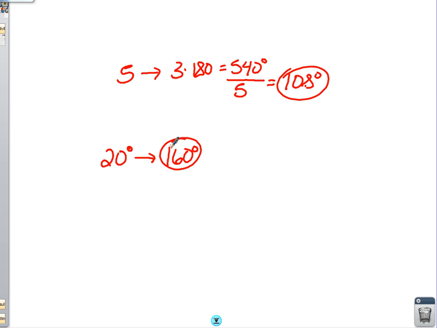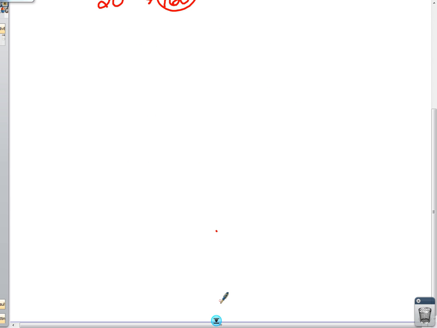Number 11. The ratio of the angle measures in a quadrilateral are 2 to 5 to 5 to 6. There's your 4 angles. Since it is a quadrilateral, they should always add up to what? 360.